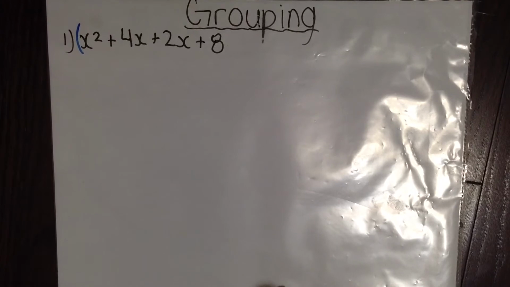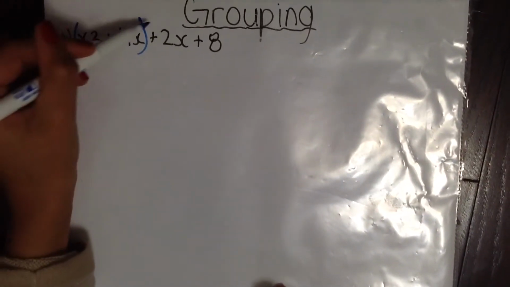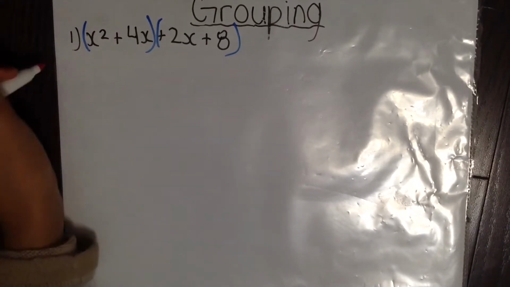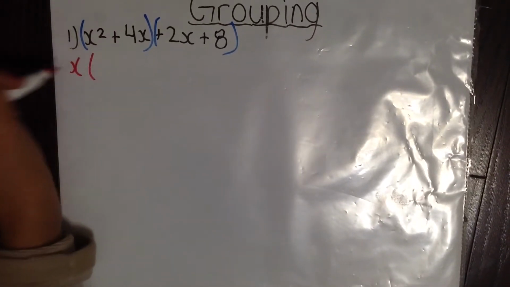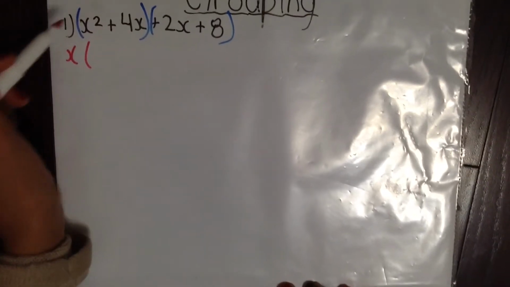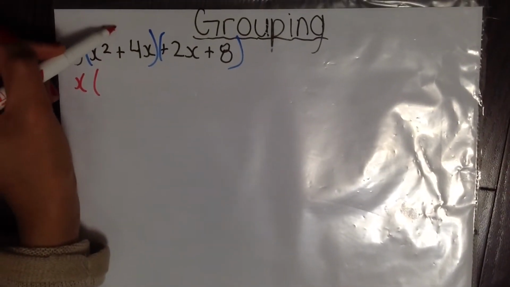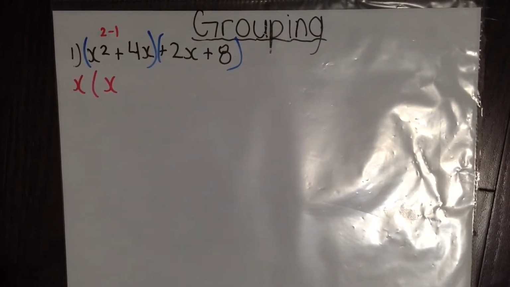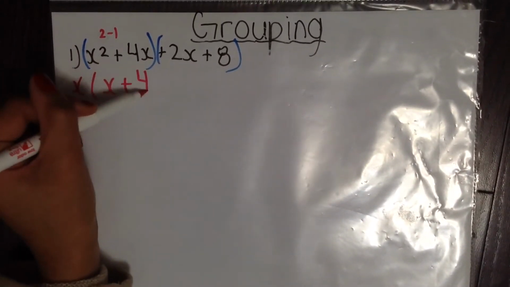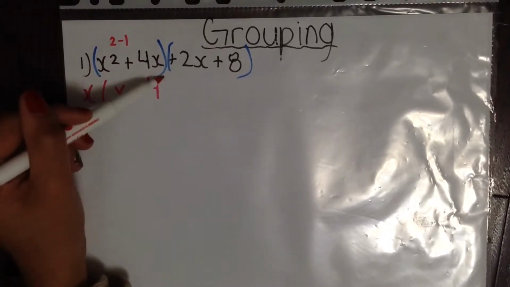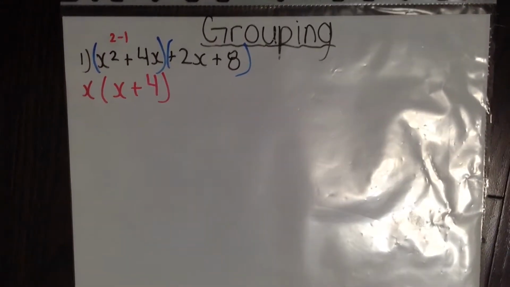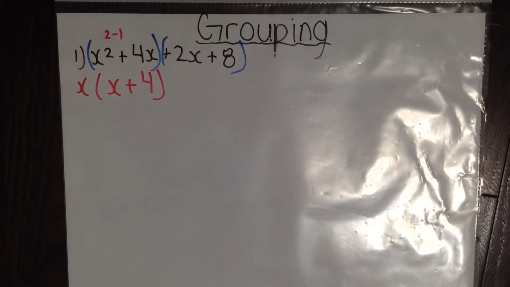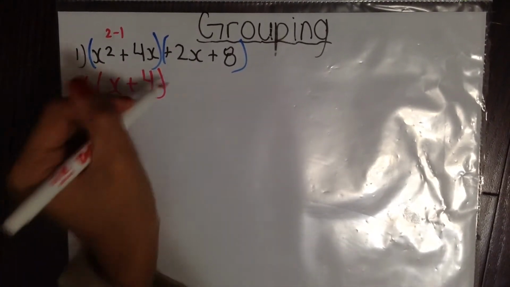So in this case, I would group up x squared plus 4x and 2x plus 8. In the first pair of brackets, x is common. Therefore, you are left with x plus 4. For the second pair of brackets, the number 2 is common between 2x and 8.